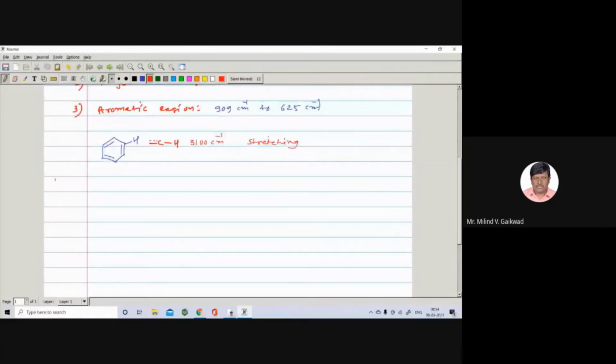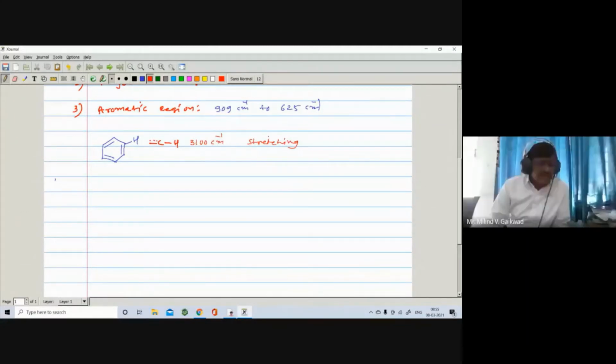And here we can find out whether it is a monosubstituted benzene or a disubstituted benzene. If di, then it is ortho, meta, or para.